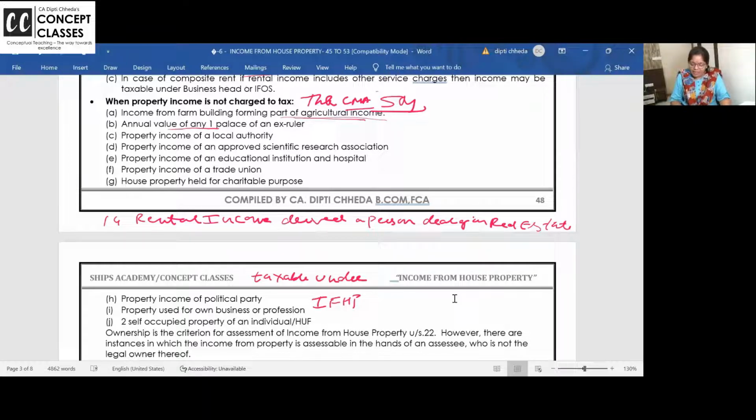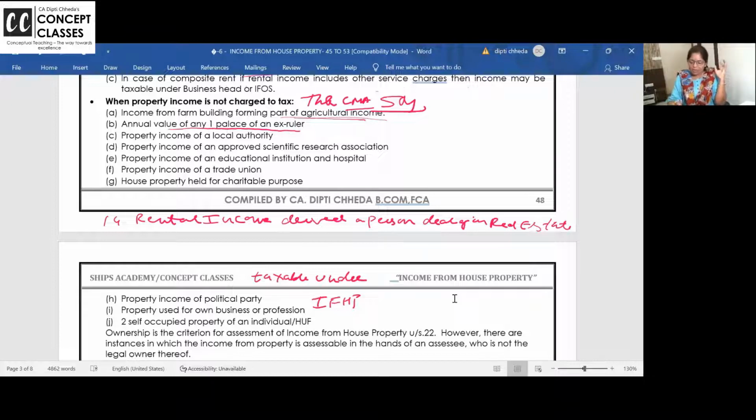Annual value of any one of the palaces of an ex-ruler. You know, there is a Hyderabad example. Hyderabad is the city of Nizams. Do you all know part of Chowmahalla Palace is still privately owned? Falaknuma is being converted into a hotel.